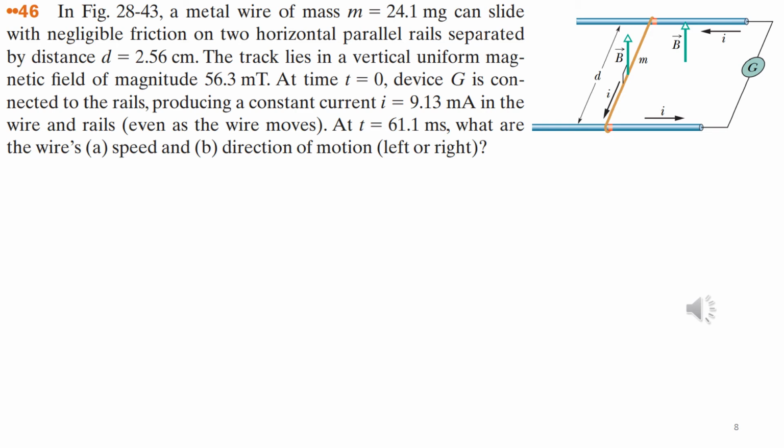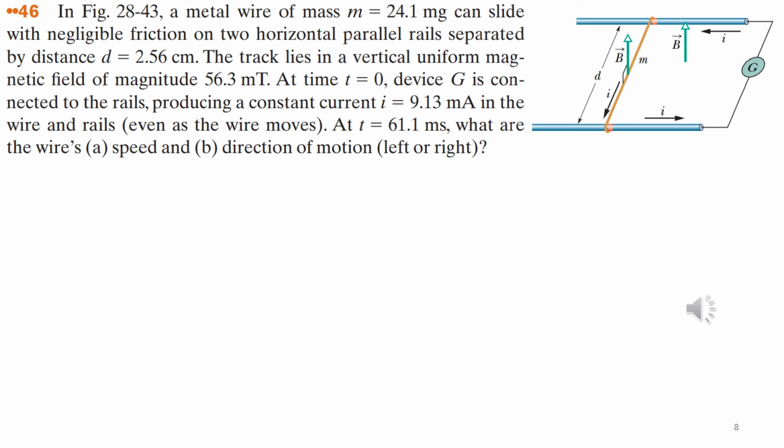Now, the problem is all the constants are given. The mass of the orange rod is given, the length of the orange rod is given, and they are saying the magnetic field is given 56.3 millitesla. At time zero, the device G, the electrical generator, is connected to the rails, producing a constant current given in the wire.